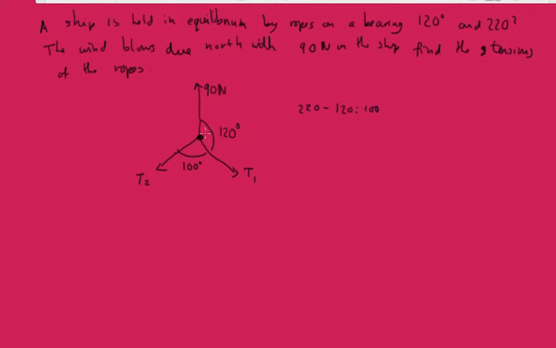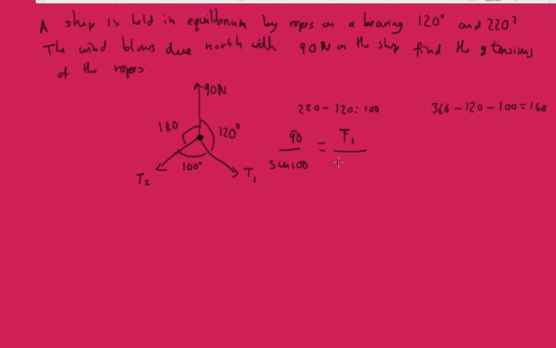So we're just going to use Lami's theorem. We know that 90 over sine 100 must be equal to T1 over, well, what's this angle here? Well, this angle here must be 140, because 360 minus 120 minus 100 is 140.